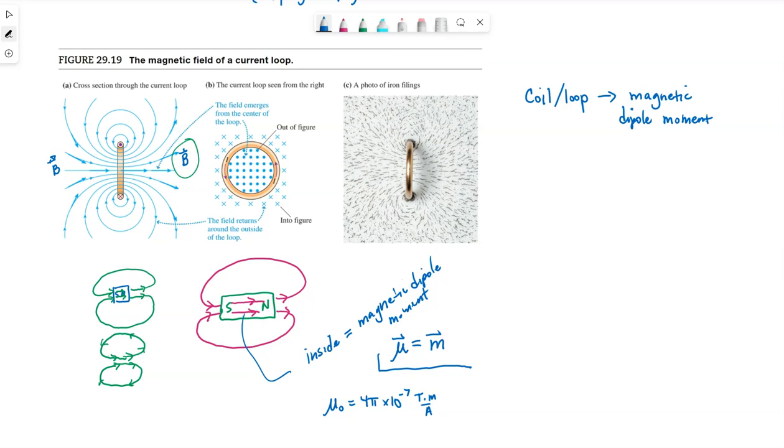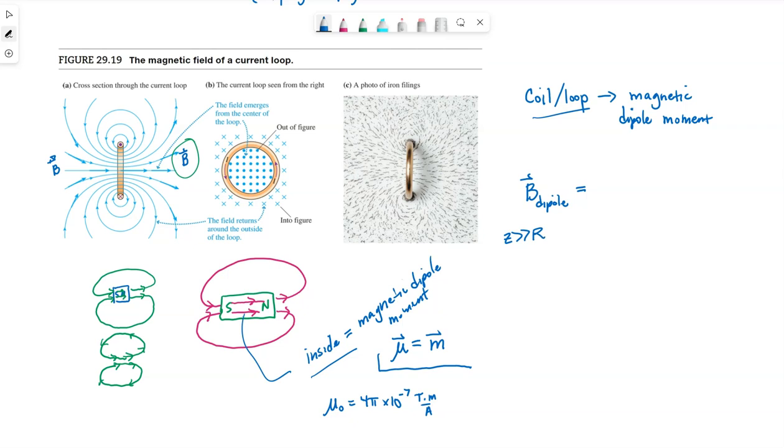It turns out that we have B of a dipole, whether we're talking a coil or loop or our permanent magnet, doesn't matter. The magnetic field of a dipole, this equation assumes that we are very far away, so Z is a lot bigger than R if we're on the loop.